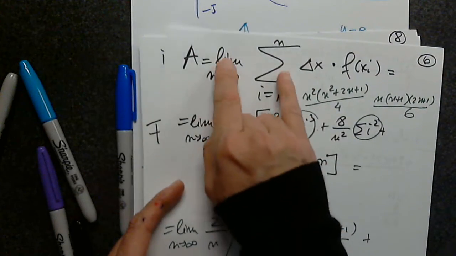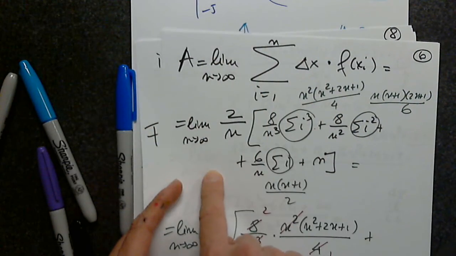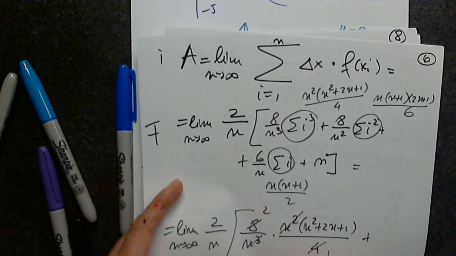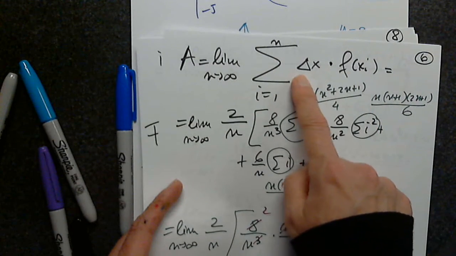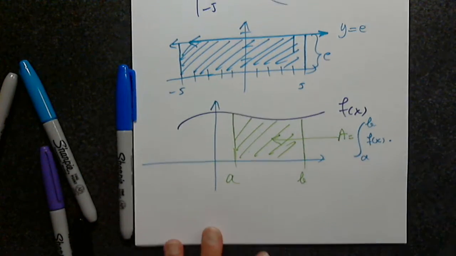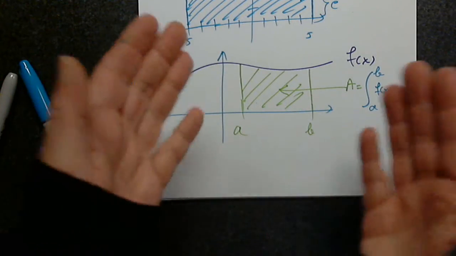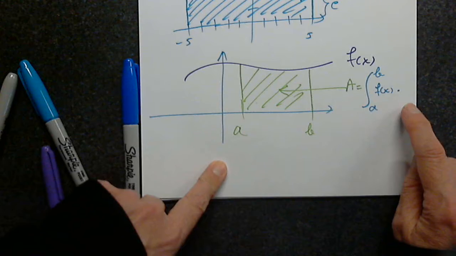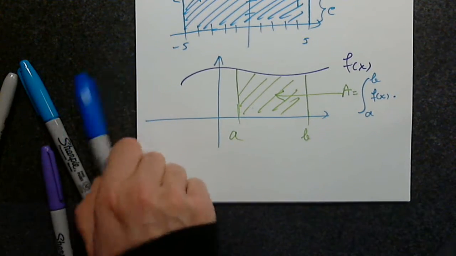It's the sum. So these two are in the definite integral, f of x dx. This is the height, and this is the base, the width of each subinterval. Is that better? So then the integral from a to b must be of f of x times dx. Please don't forget that.